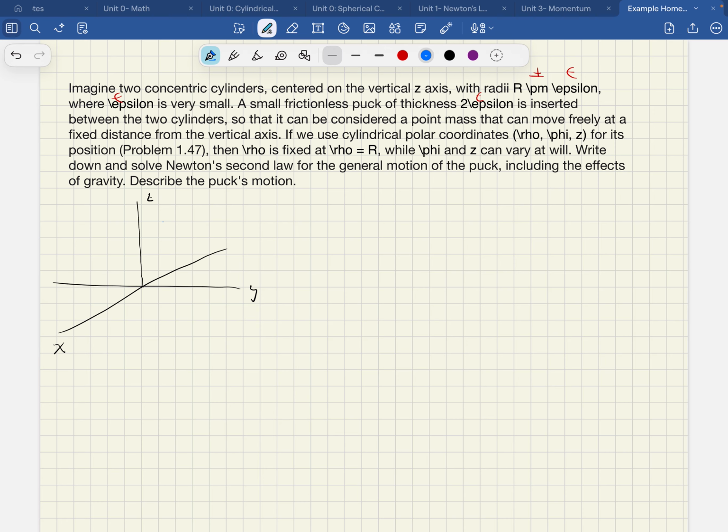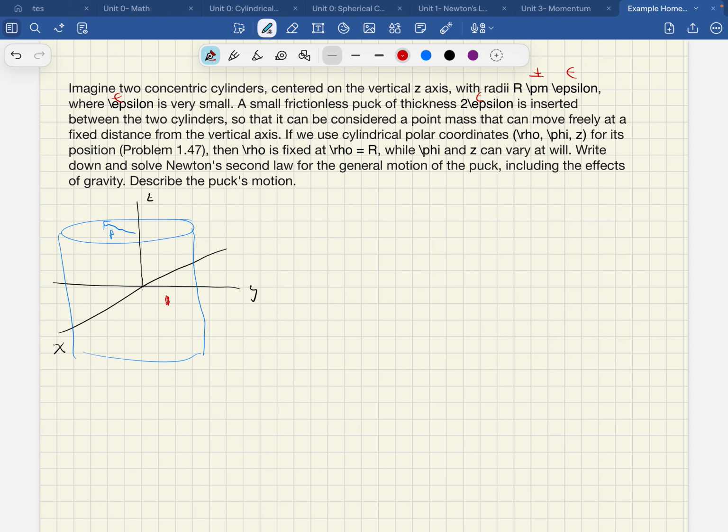And we're told that there is a cylinder of radius r, and plus or minus epsilon, but I'm going to say that's actually the thickness of the line I drew, and there's a puck on this cylinder that is free to move along the cylinder.